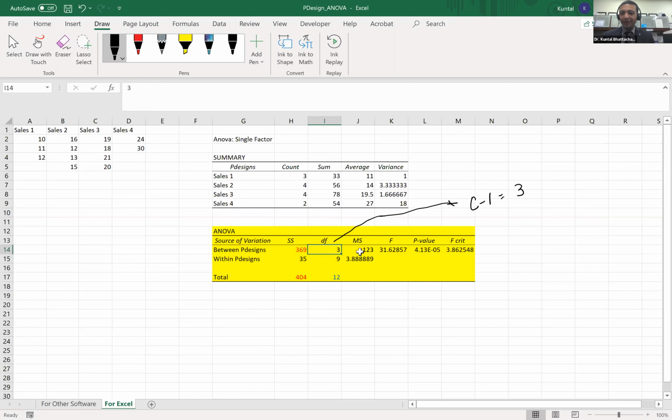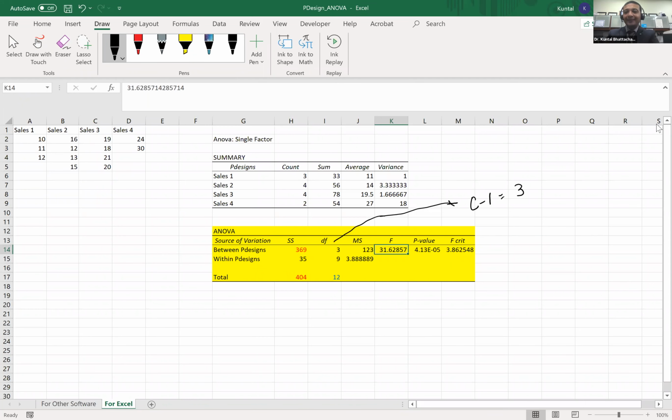If you take the ratio of the mean square from between package design to within package design, that ratio gives you the F value. So if I had to explain this to a layman, what does that F value mean?